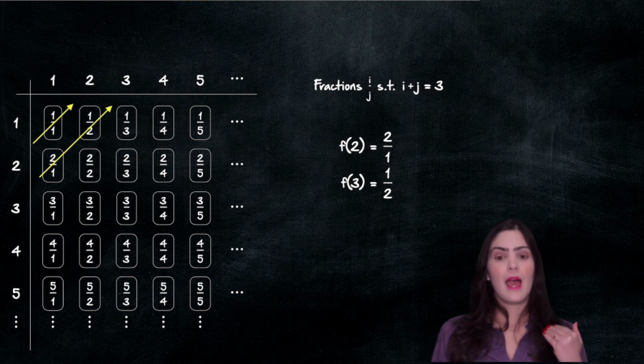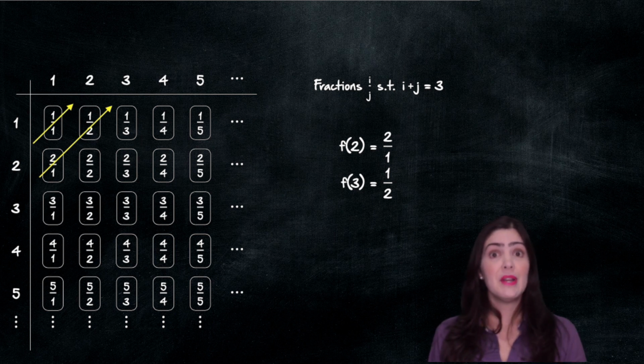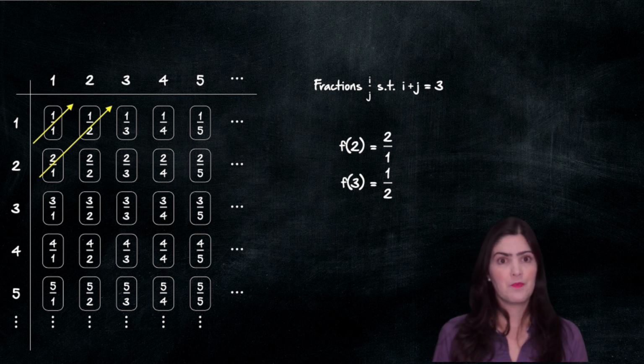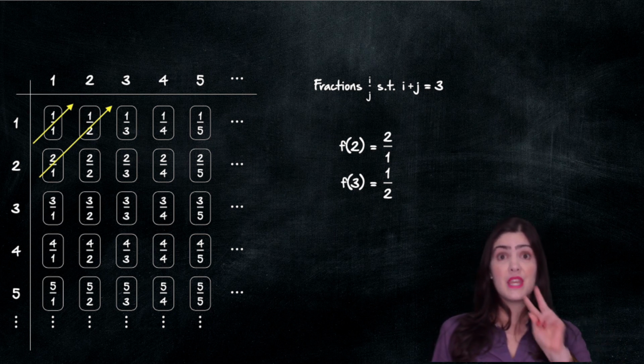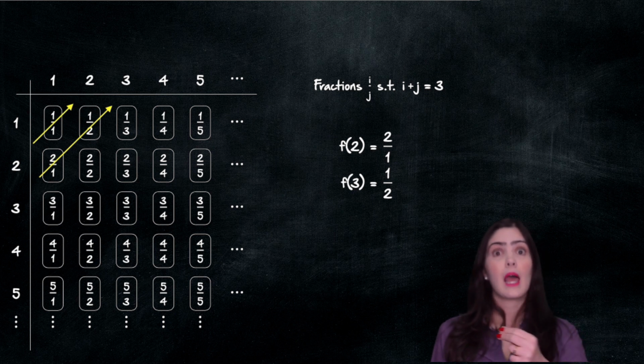So f of 2 is going to be 2 over 1 and f of 3 is going to be 1 over 2. I'm going to continue going through these diagonals, the ones that keep the sum of the row and the column constant, and I will use those to create my images.